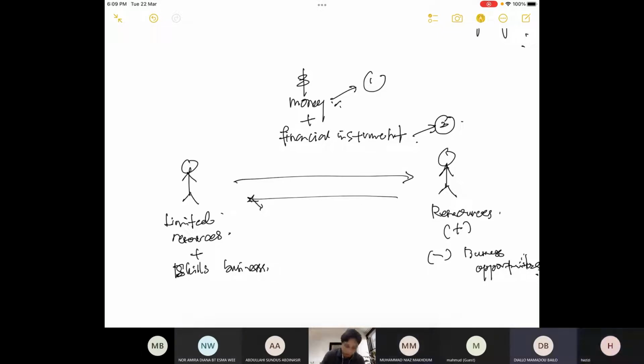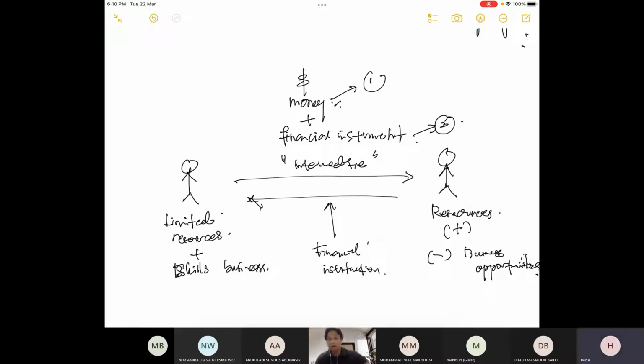So it's clear. Then we look at the financial institution, right? We discussed this last week. The job of a financial institution is basically to intermediate between two groups of contracting parties, right?